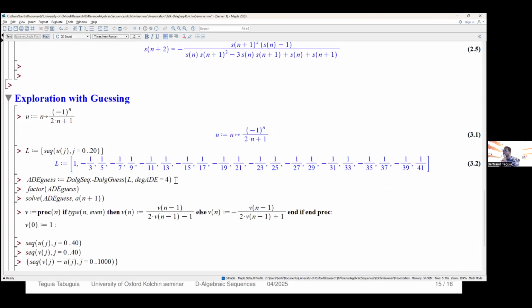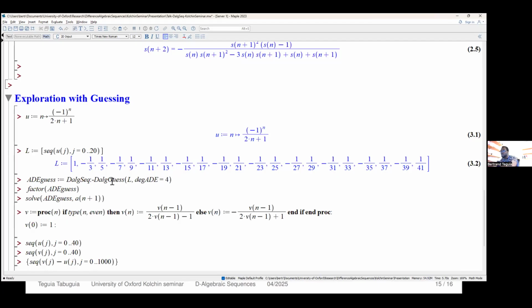And I want to guess. When the guess succeeds, the equation you obtain may always mean something, because internally you obtain a linear system that is overdetermined in general. And so if it has a solution, it might mean something for the sequence.